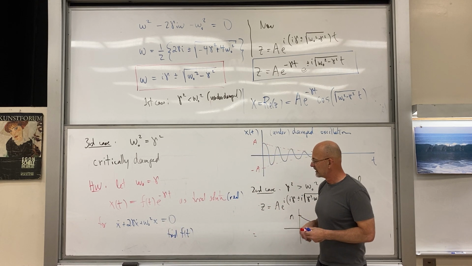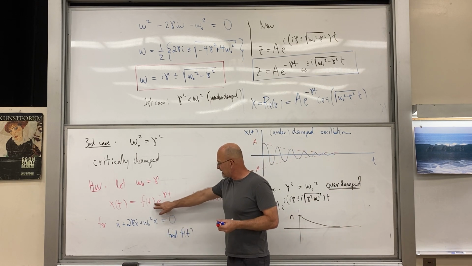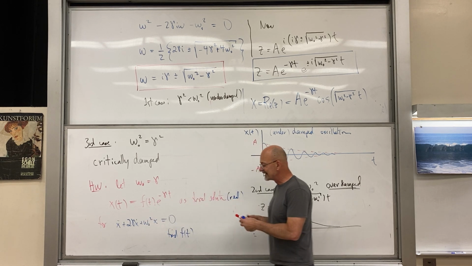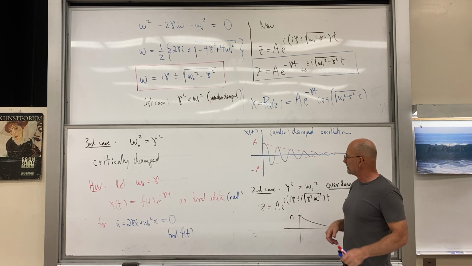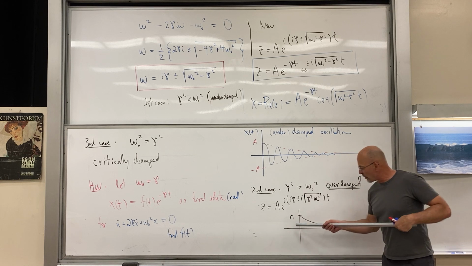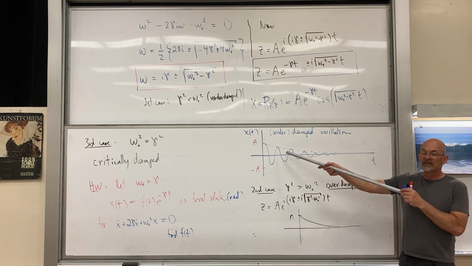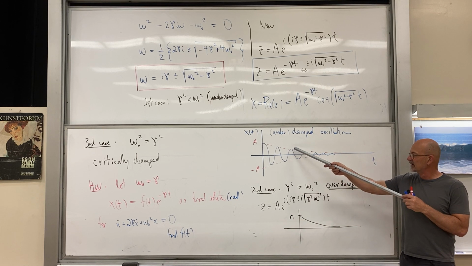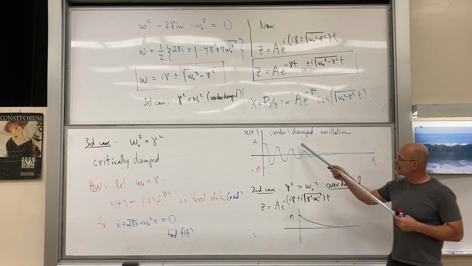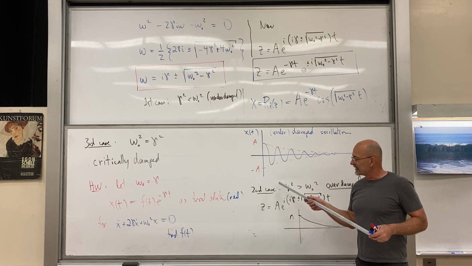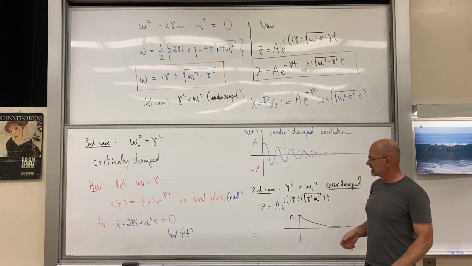And then f of t times this, and you get a critically damped solution. The critically damped one has more of a resemblance to this than it does to that. It's also not oscillating at all. It's called the aperiodic solution.